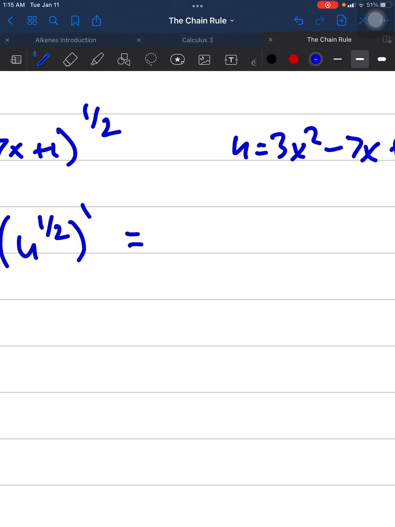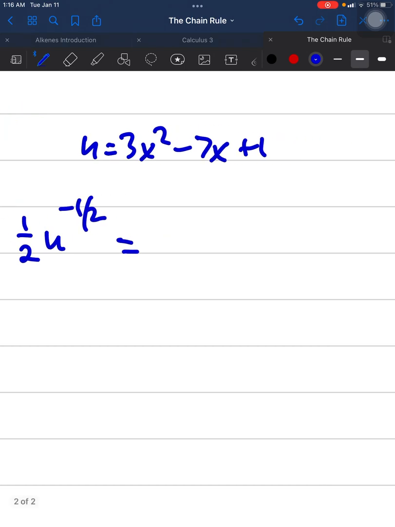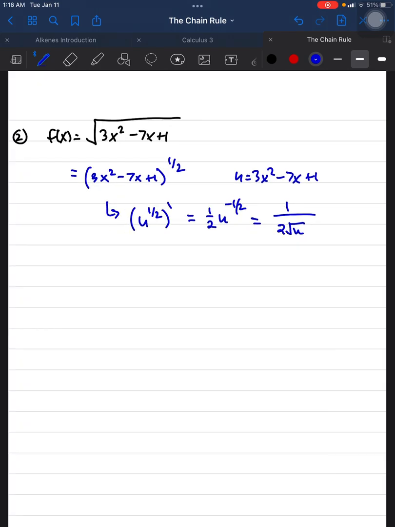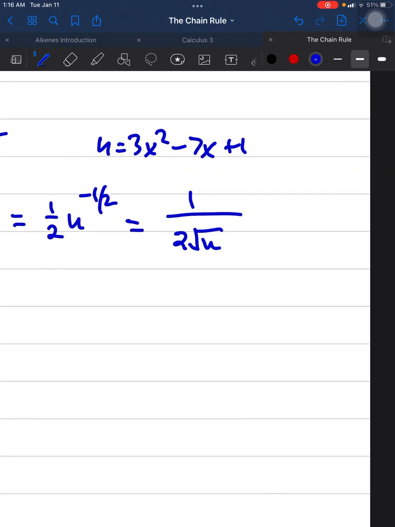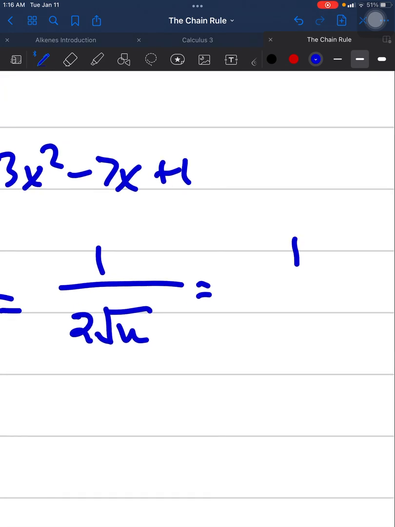And we take the derivative of that now. This is a simple power rule. You bring down the 1/2. Then we subtract 1 from the 1/2. So 1/2 minus 1 is just negative 1/2. And we simplify this to 1 over 2 radical u. This is what we get. And then we can substitute back in the u.